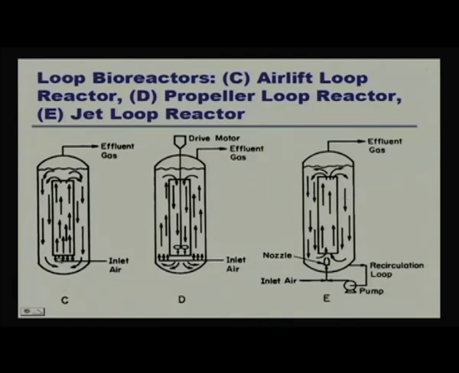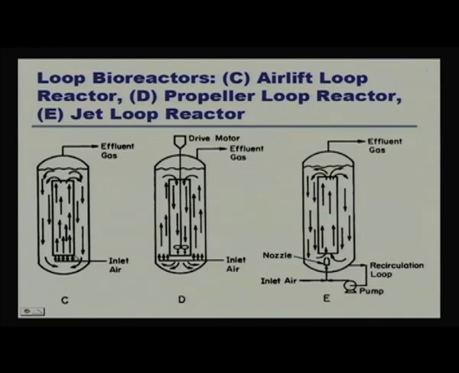Here you see inside one draft tube is there, and when the air is purged, it passes inside this draft tube and pushes the liquid. It has one riser and one downcomer, and from the draft tube the liquid comes out of the downcomer and once again gets circulated.